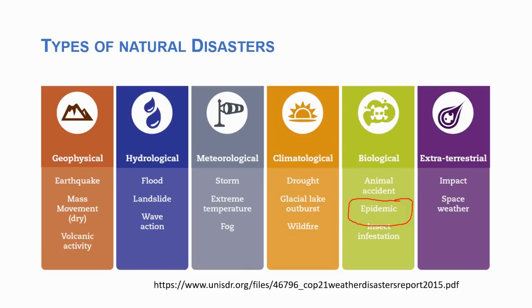So that would be classified as a biologic natural disaster. We're mostly focusing on all of these ones here in this box. And this one little extra one here for extraterrestrial. And so we're not really focusing on the biologic, but we'll talk a little bit about that when we meet together on Friday this week.